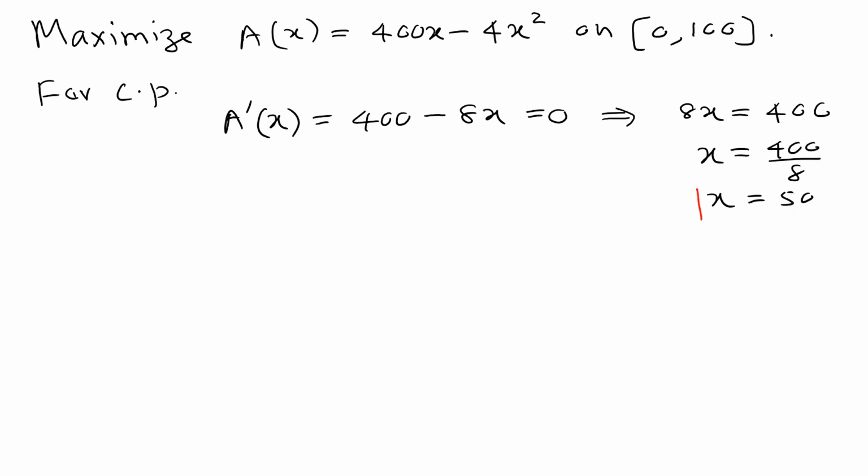Only one critical point means that, since there are no other critical points, the absolute maximum or minimum should occur there. I mean, it can also be at the endpoints. Normally at the endpoints you get the minimum value, and at the critical points you get the maximum value.